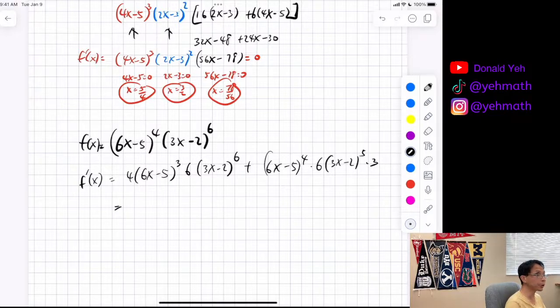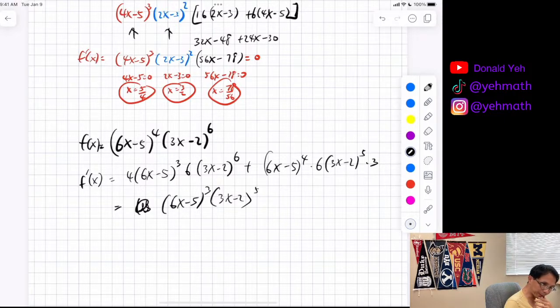So far, we're doing okay. Yeah. 6x minus 5 to the third, I think. And 3x minus 2 to the fifth. And then it's 24 to the 3x minus 2, I think. Yeah. And plus 18 to the 6x minus 5.